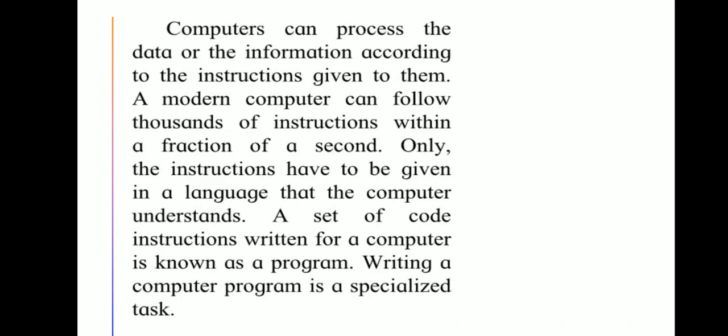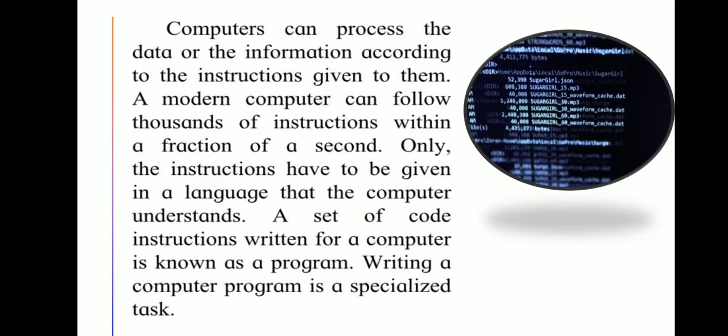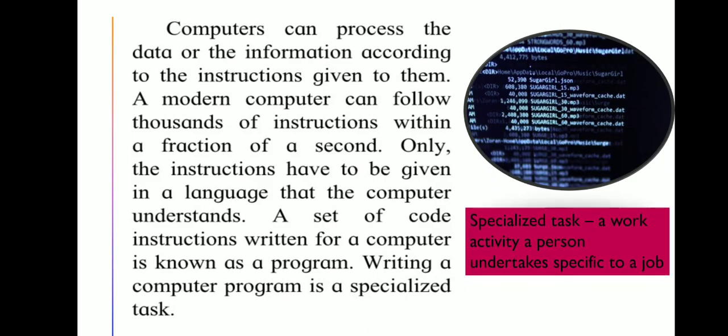A set of coded instructions written for a computer is known as a program. That is their computer language. Writing a computer program is a specialized task. Specialized task means a work activity a person undertakes specific to a job.